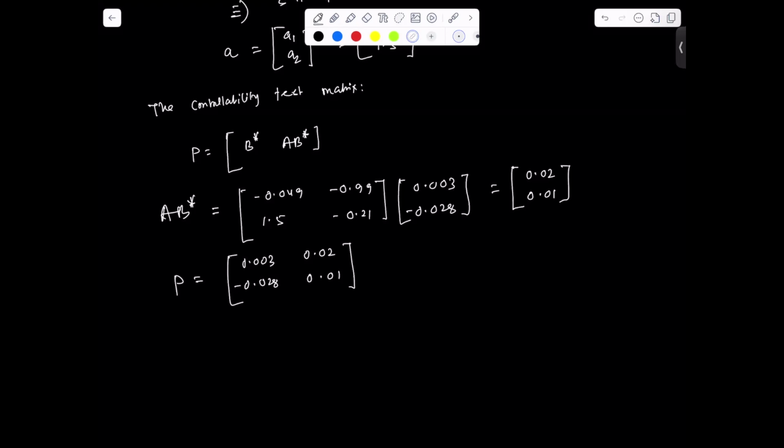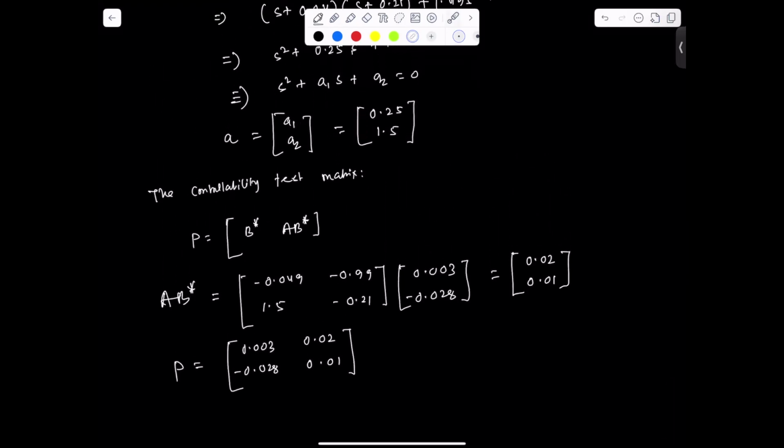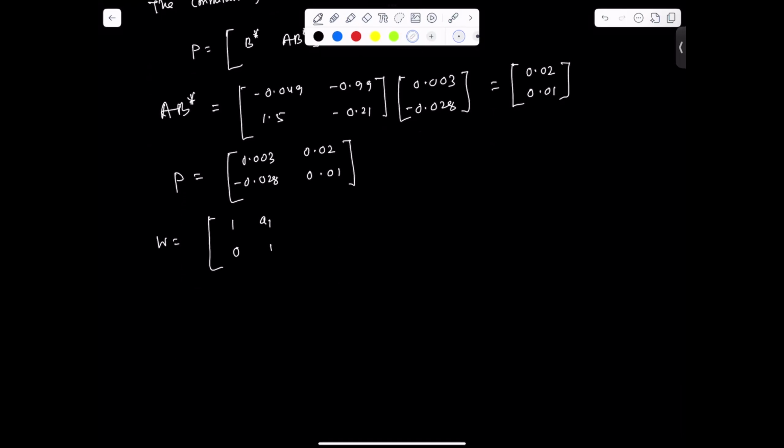Right. Now we have already A1, A2. This A1, A2 we have. So we can also find the W in the Ackermann method. So W can be formed as 1, A1, 0, 1. How to form W, that we have already discussed.